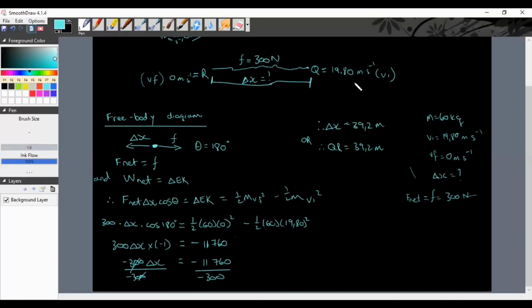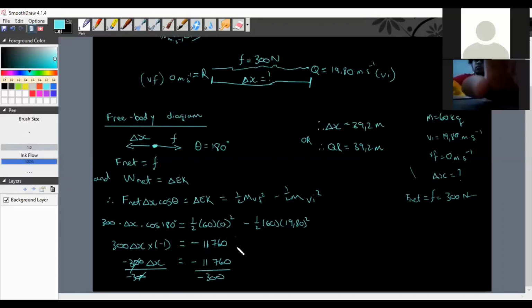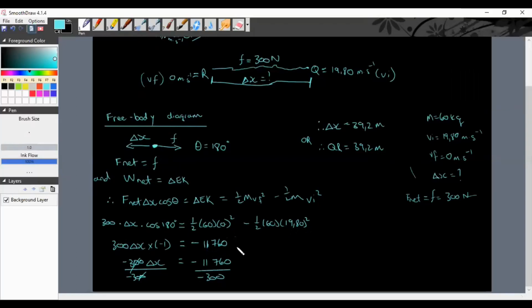At point Q, velocity is equal to 19.80 meters per second. So this becomes our VI. So if VF is equal to 0, it becomes 0 minus all of this, which gives us minus 11,760. Does that make sense?